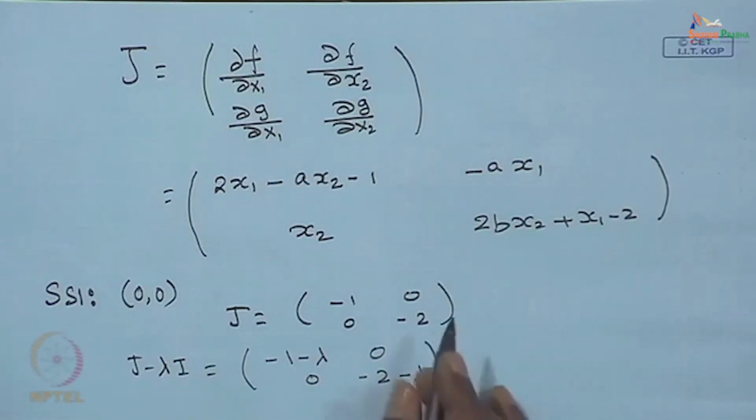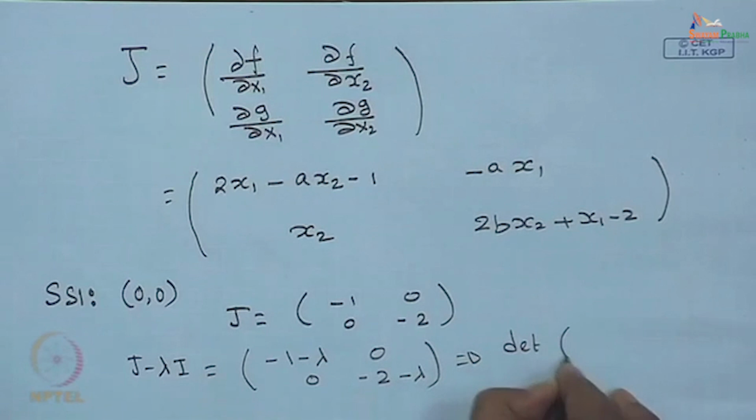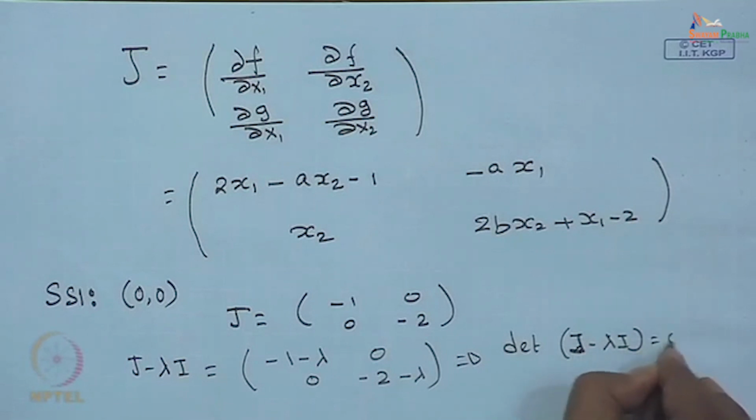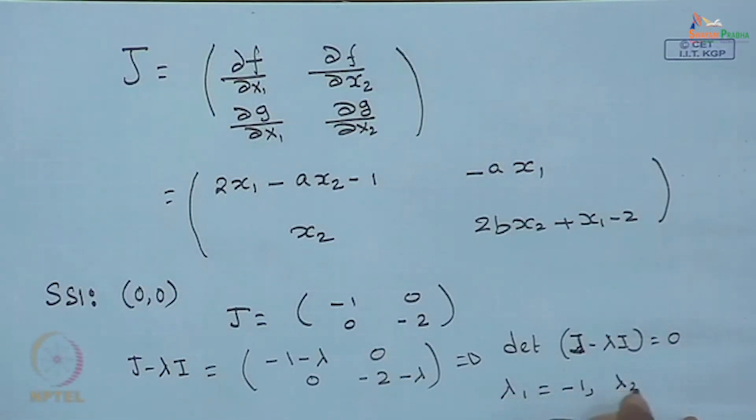We put the determinant of J minus lambda I equal to 0. Therefore, lambda 1 is equal to minus 1 and lambda 2 is equal to minus 2. So, this steady state is unconditionally stable.